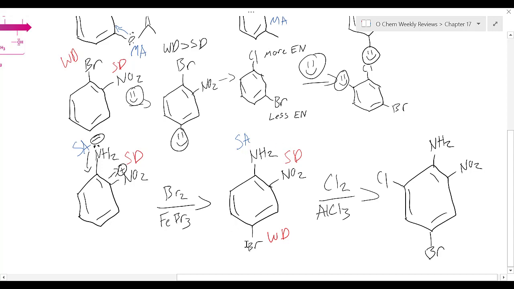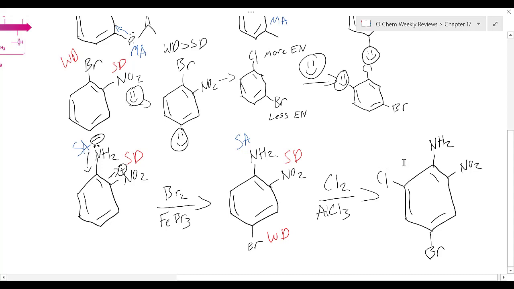Out of these three, the strong activator takes priority. So if I wanted to add a chlorine, which is Cl2, AlCl3, my para is occupied, para to my NH2. This ortho is occupied, ortho to my NH2. So the other ortho position to my NH2 is where chlorine is going to attach.